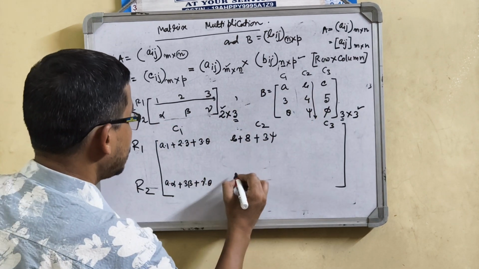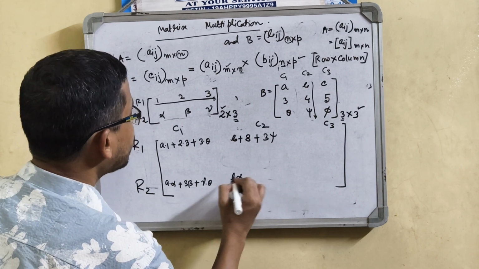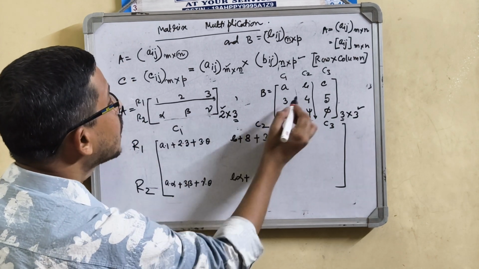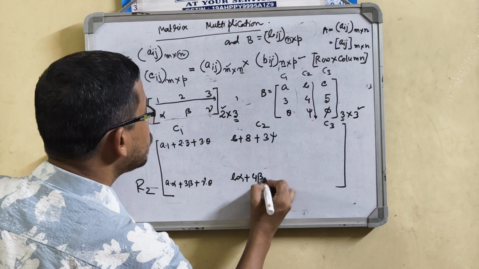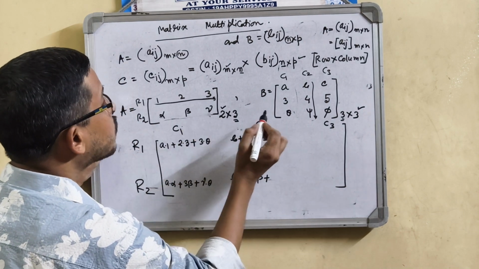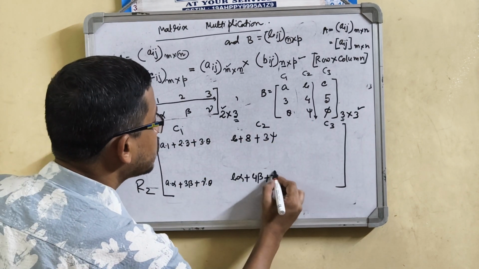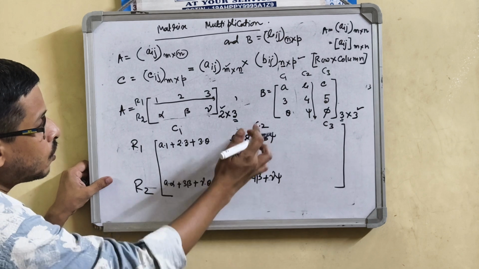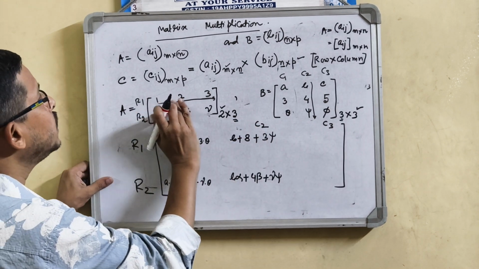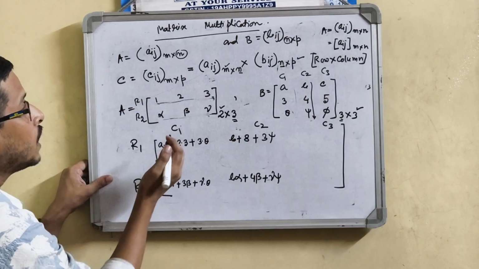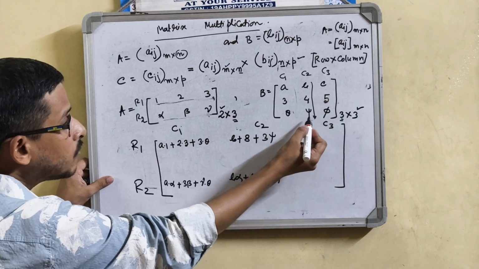Then alpha into B, that means B alpha, plus beta into 4, that is 4 beta, plus gamma into psi. This is the second row, second column.